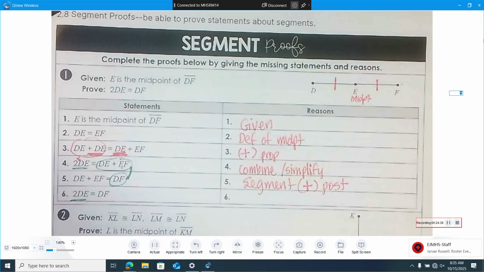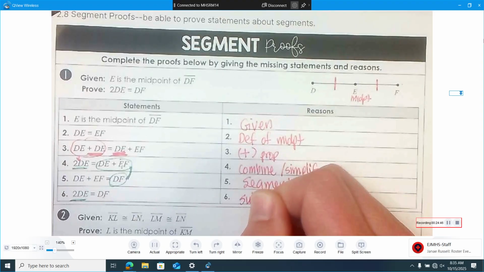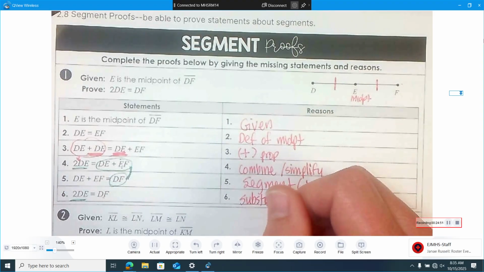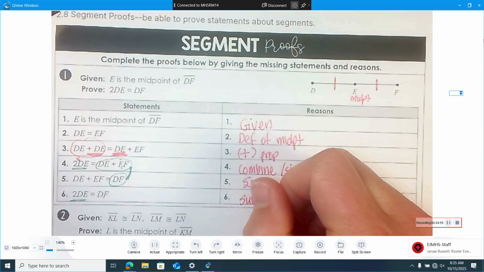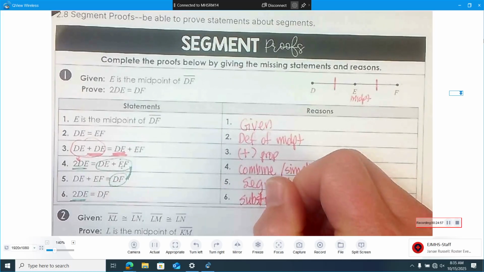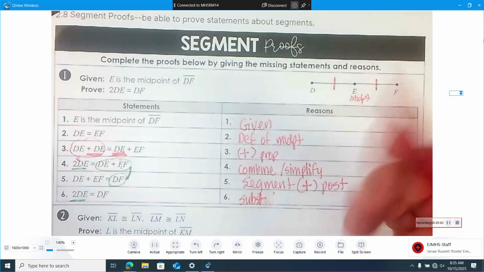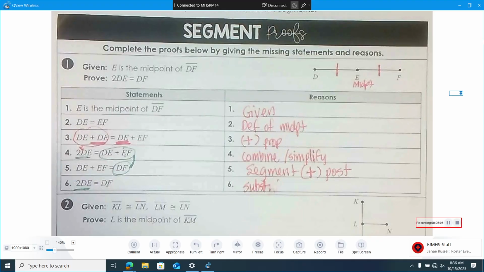So instead of DE plus EF, we replaced it with what it was equal to. I would call it substitution. Transitive would also work, but I think it's more substitution.